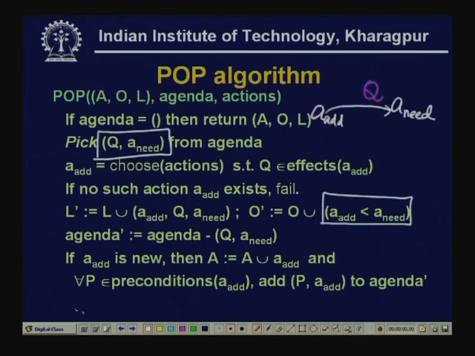So, we remove it from the agenda. If A add is new, then A equals A union A add. That is, if you have got a new step, then I will add it to my action list. And then for all preconditions of A add, we must add P, A add to the agenda.